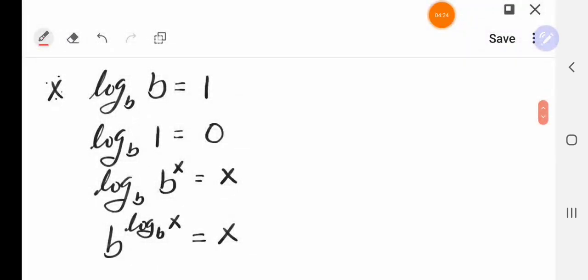There are four very important properties: property 1, 2, 3, and 4. The first one is this. The base of a logarithm can be any number that is positive but not equal to 1.